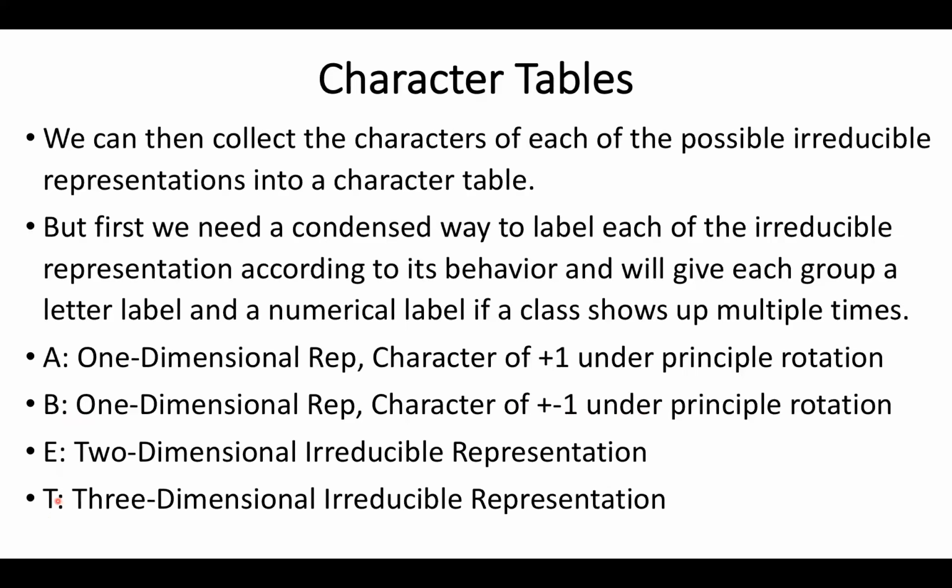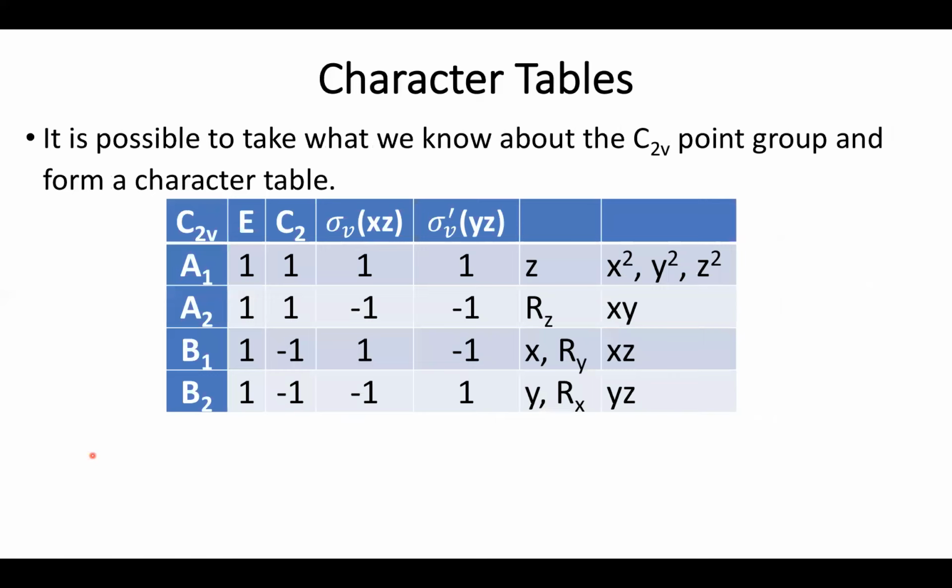So let's take a look at what character tables actually are and why they're so useful. When I have my C2v point group that we've been talking endlessly about, you'll find the label of C2v symmetry up in the upper left-hand corner. And then you'll have a list of the 4 classes of symmetry operations that belong to this group.